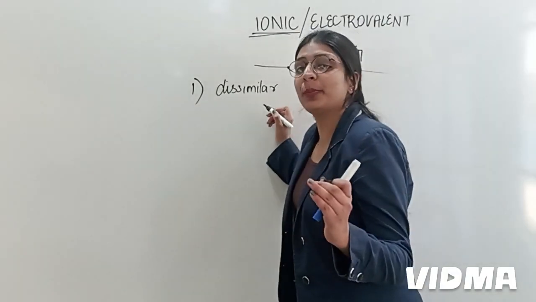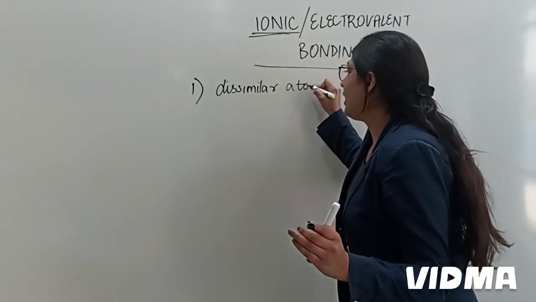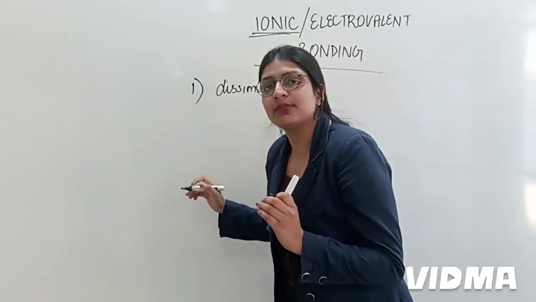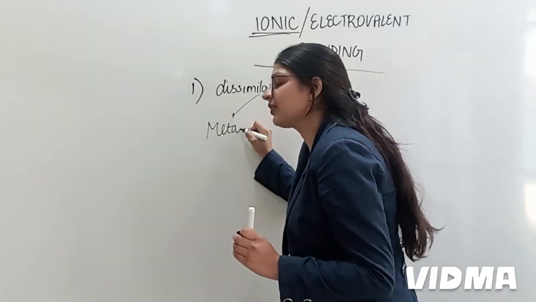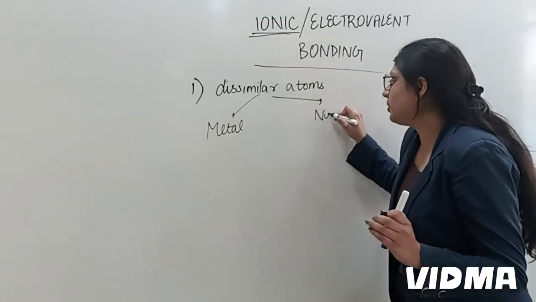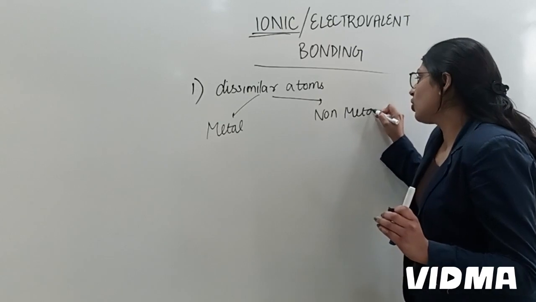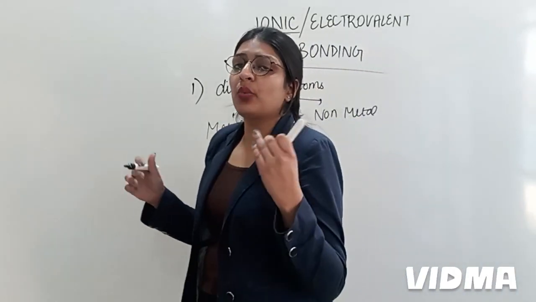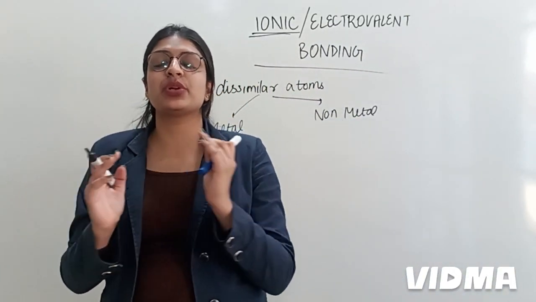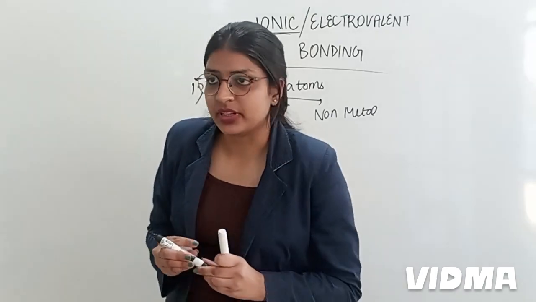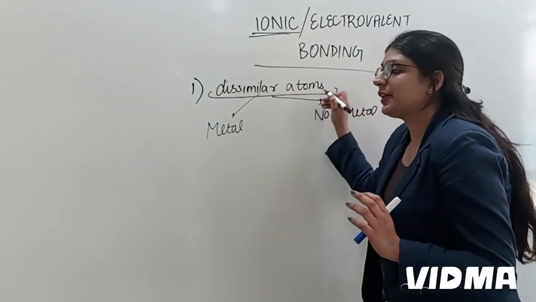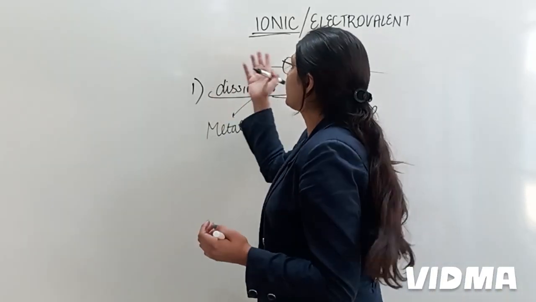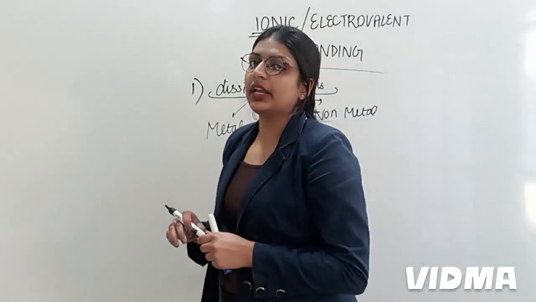By dissimilar atoms we mean a metal and a non-metal. We will also see which element is considered a metal and which a non-metal. So the first thing is that dissimilar atoms are present during the formation of ionic bonding.